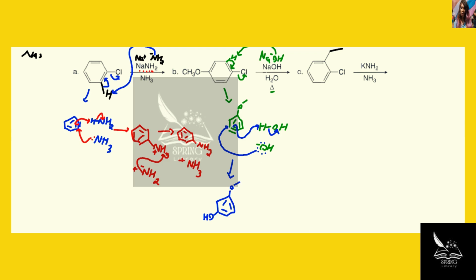But at the same time, with equal chance, the hydroxide could have attacked the para position, making a bond, and then the proton would have been added on the meta position.